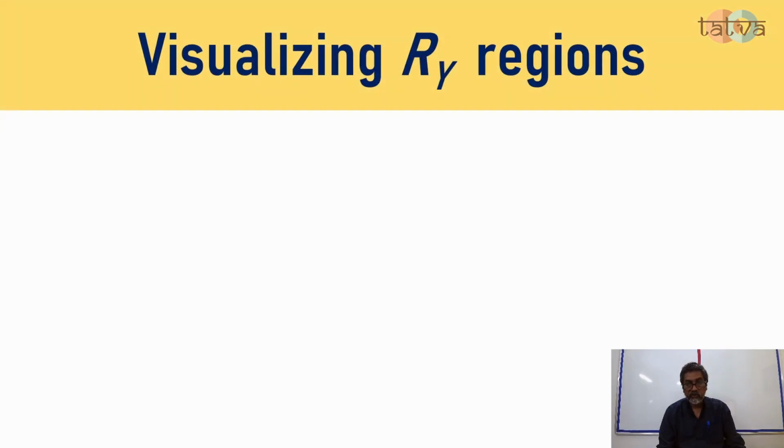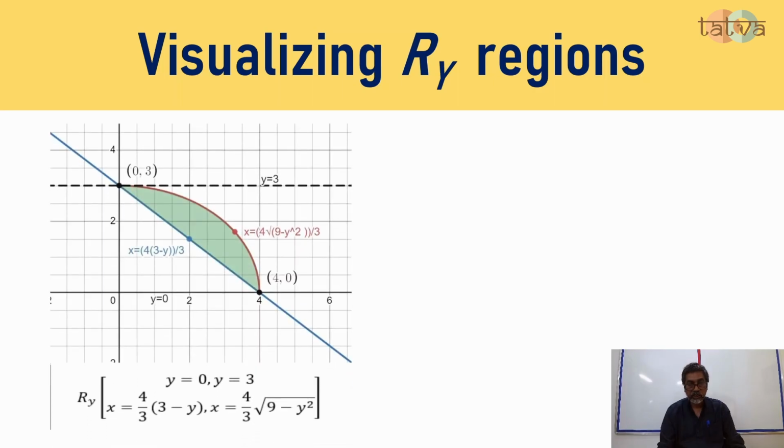So let us look at four visualizations of the Ry region. This is the easiest one, where we have the region between an elliptic arc and a straight line. And then you can see that the entire region can be visualized as trapped between two horizontal lines. That is the lower horizontal line, that's the upper horizontal line. Those will be the y limits, they are constants.